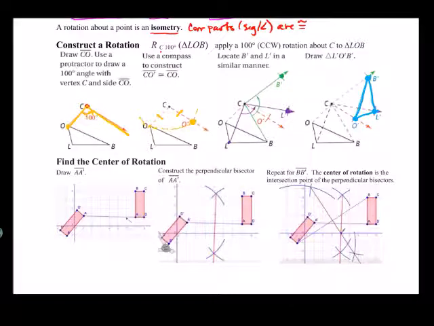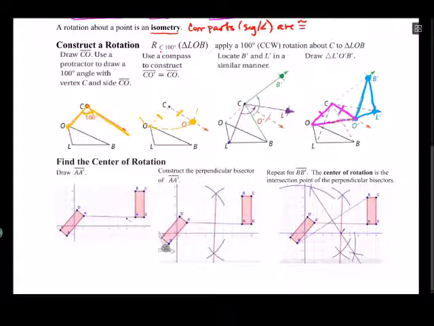Now our next construction, finding the center of rotation, this is where those congruent radii become important. How are we going to find the center of rotation? Well, let's take a look at these two segments here. Segment CO, we know, is congruent to segment CO prime.